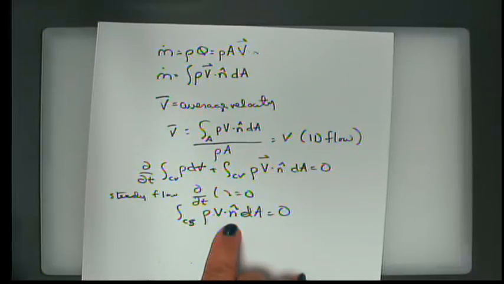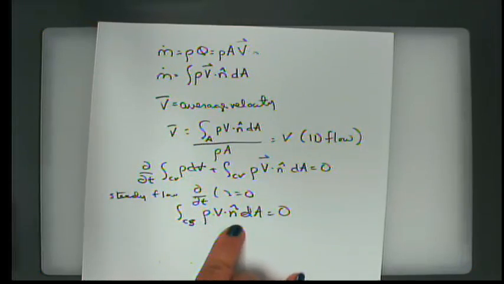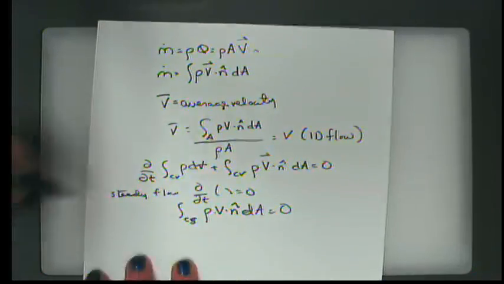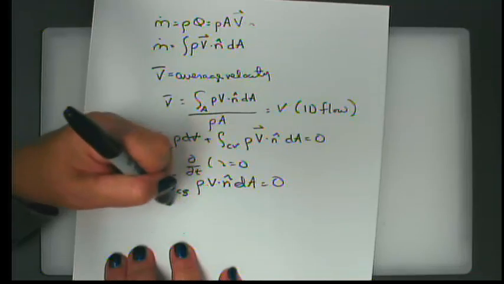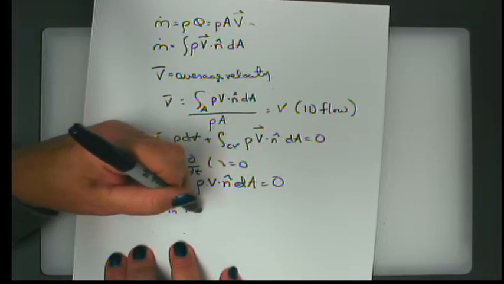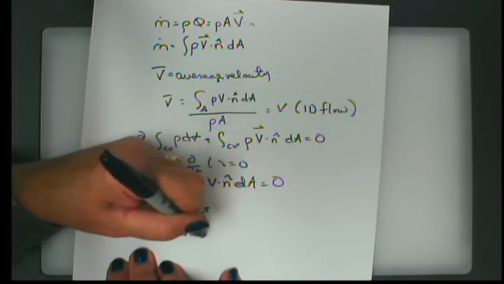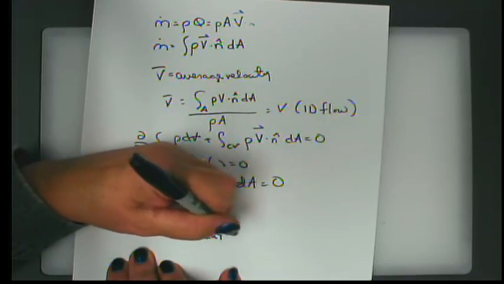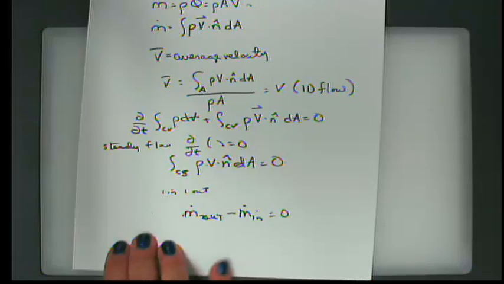What this really is telling us is that if there's no time rate of change of mass within the control volume, what passes the control surface, in other words, what goes in and goes out, has to equal each other. And we can further reduce this if we just have a single inlet and a single outlet to say m dot 2, or out, minus m dot 1, or in, is equal to 0.